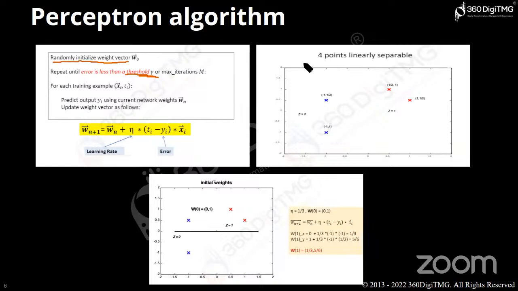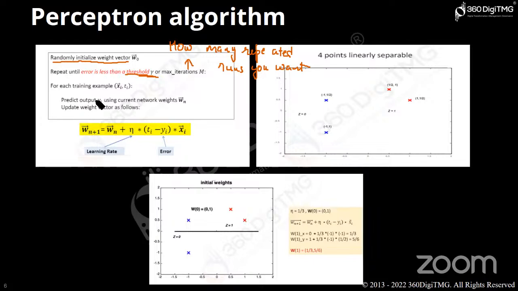So what we do is we specify some value. Let's say we say 20. That means our weights would be run 20 times. If in those 20 times we get lower than the threshold, that is fine. Otherwise, once you reach the maximum number of iterations, it will take the best possible value, and it will stop right there.